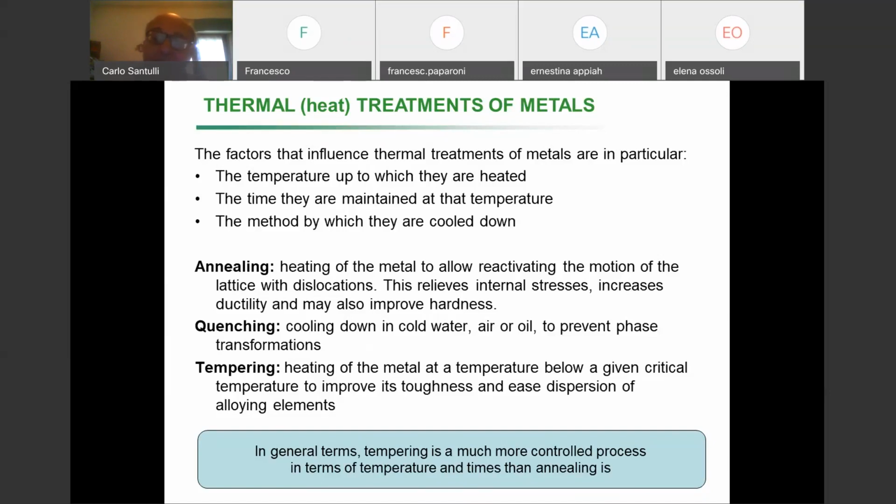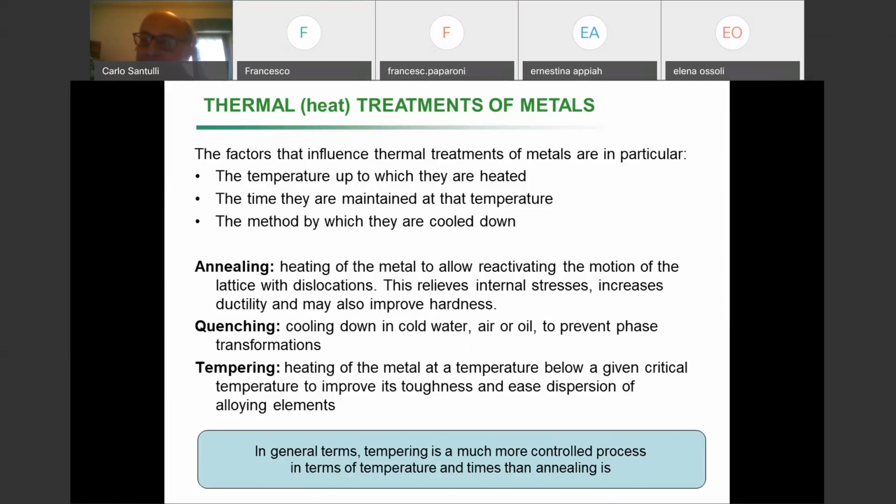You can consider that instead for plastics, the requirement is always that it stays as little as possible at high temperature. And then the problem with plastics is that they cool down in an uneven, non-uniform way. But we will come back later on to that when we discuss polymers and so on.